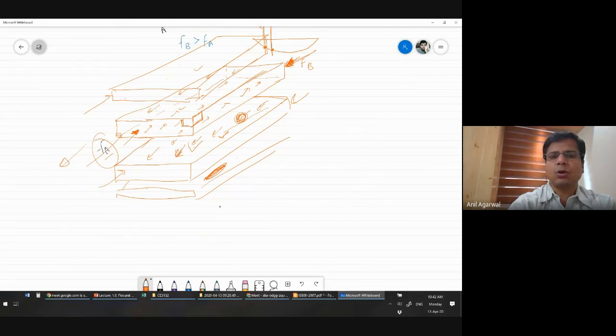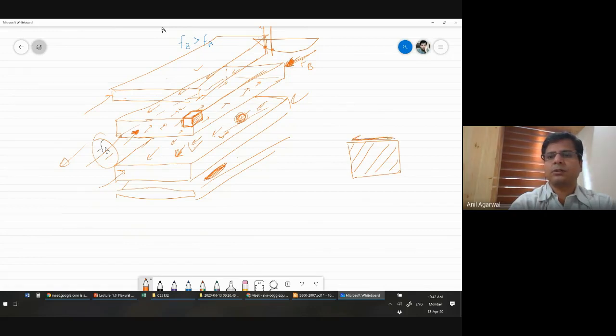So if I take a small cube here, and I'm looking at this surface, this hashed surface. The top was observing a stress in this direction.